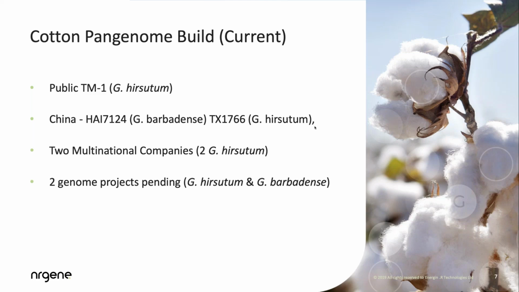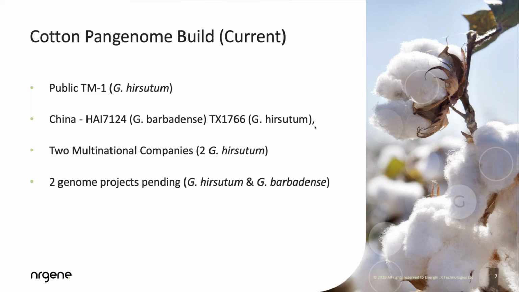To date, this is the status of where the pan-genome is headed, utilizing one public Gossypium hirsutum TM1, 2 germplasms from China, 1 barbadense and 1 hirsutum, 2 hirsutums, and then we have 2 genome projects that are yet to be formed, but are very close to being finalized, 1 hirsutum and 1 barbadense.